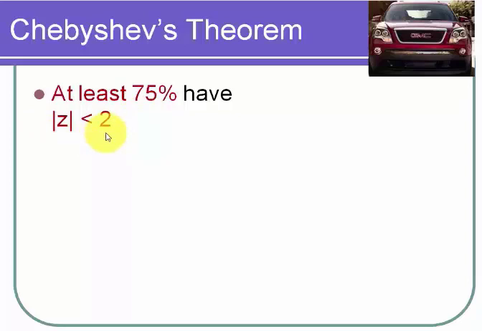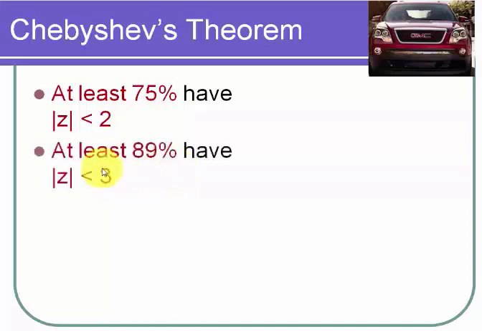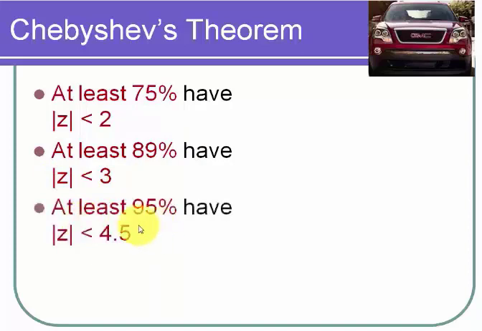Okay, knowing what percent is versus saying that it's at least a number is very different. At least isn't as good as knowing the number. At least 89% have a z-score less than 3, and at least 95% have a z-score less than 4.5. So notice that at least 75%, it could be 99%, which isn't even close to 75%, and that still would be true. So here's an example.